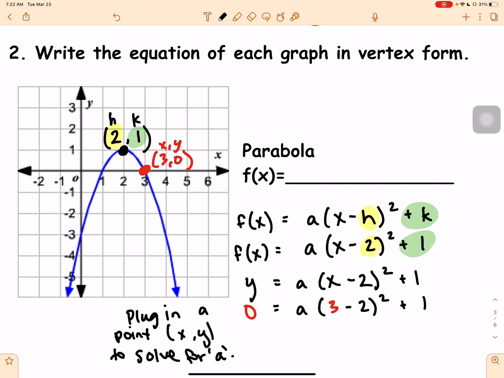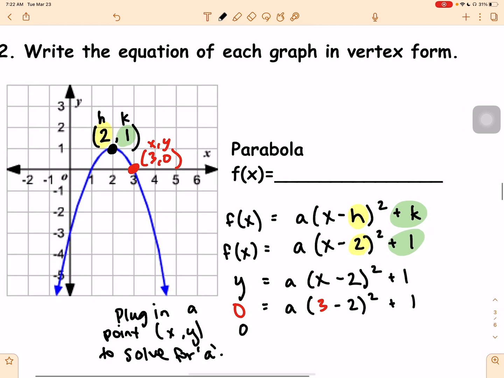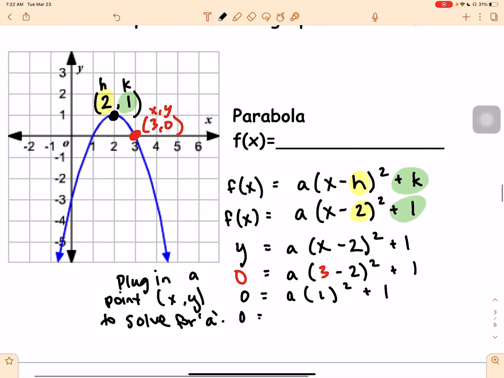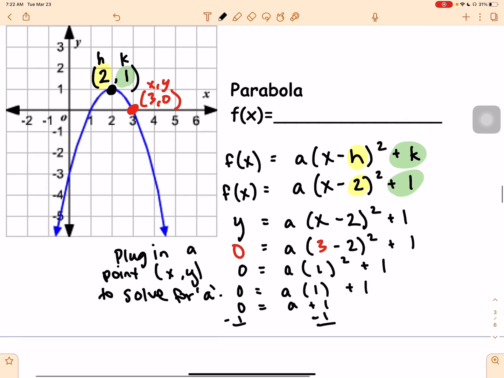So here we have 0 equals a times 3 minus 2 squared, which is 1 squared, plus 1. 1 squared is just 1. So a times 1 is just a. Now we're so close, we just have to subtract 1 from both sides, and that is our a value.